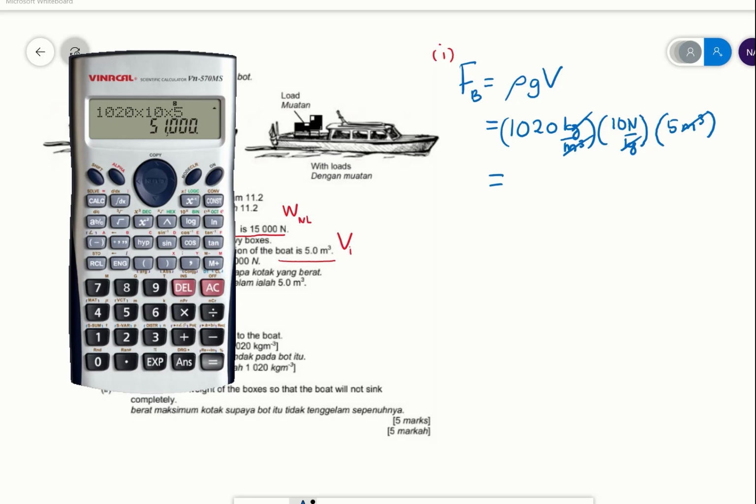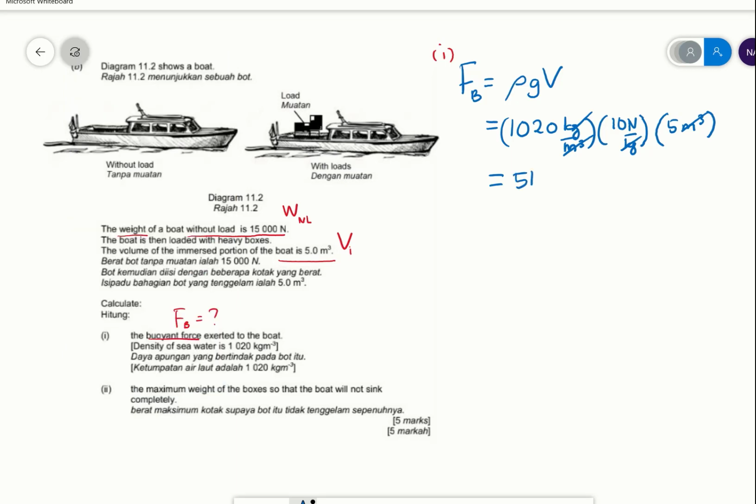This is 51,000 Newton. That is right. Good. I'm sure many of you got this right. We can also write this as 5.1 times 10 to the power 4 Newton. This is the answer in standard form.